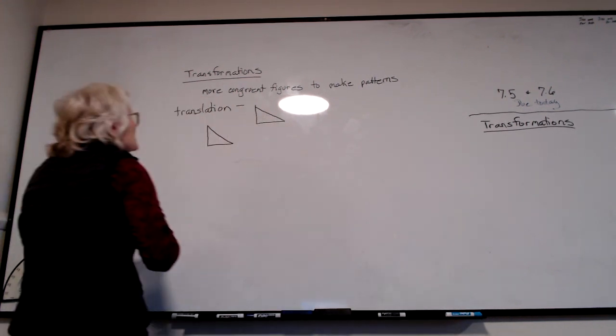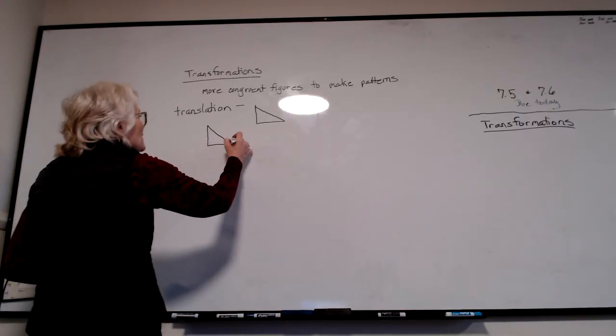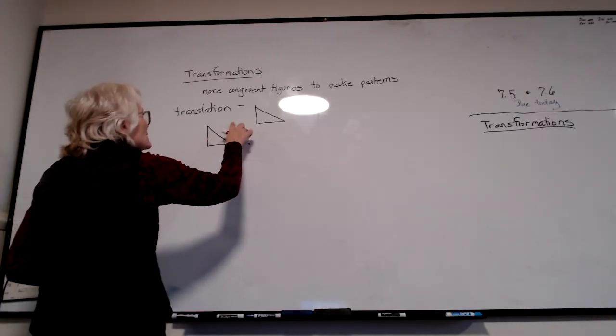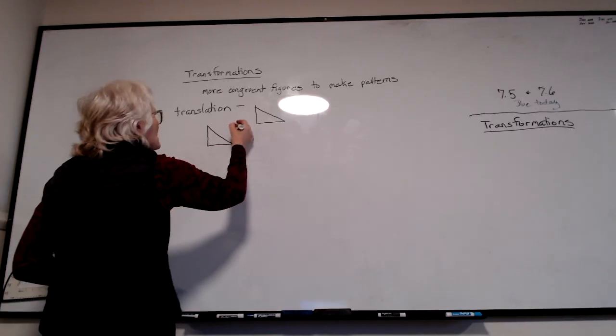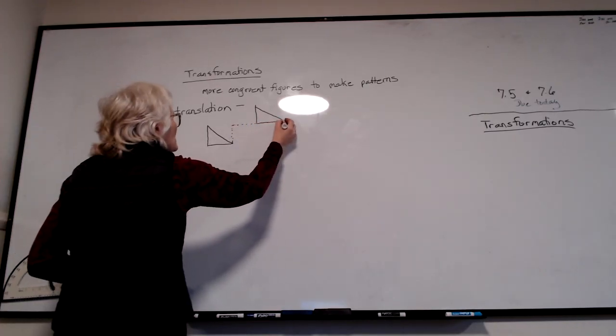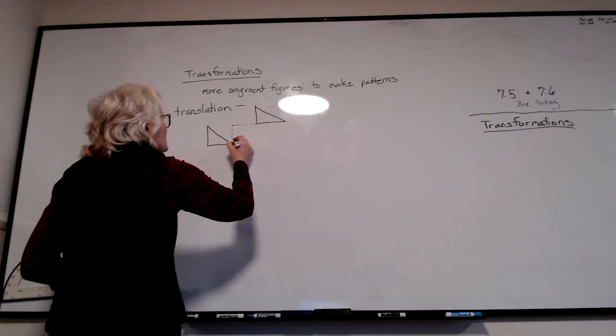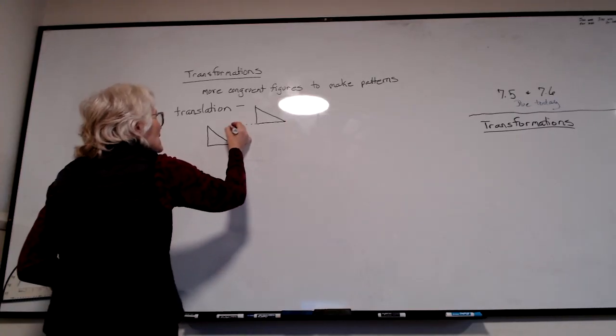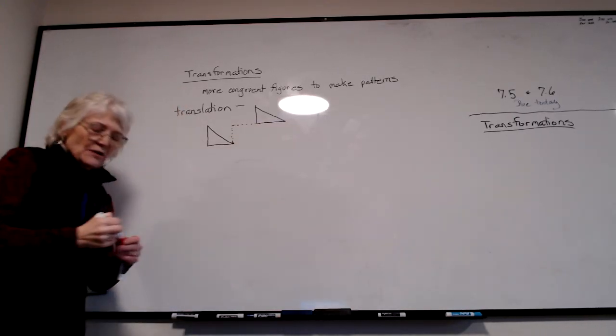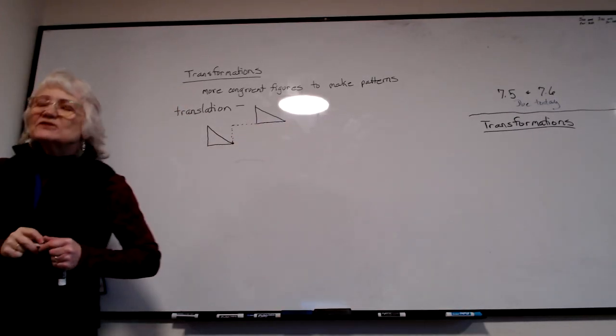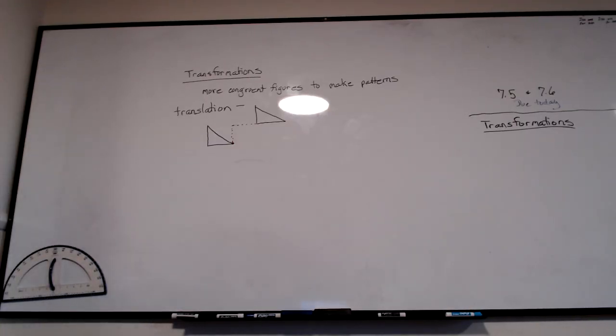So in this translation, I've gone up to that area, and I've moved it over to here. So I've translated it up and over. You have to have specified amounts. Usually we do translations on graph paper, so we can say we translated it up so far and to the right so far. Okay, so that's one way of doing a translation.